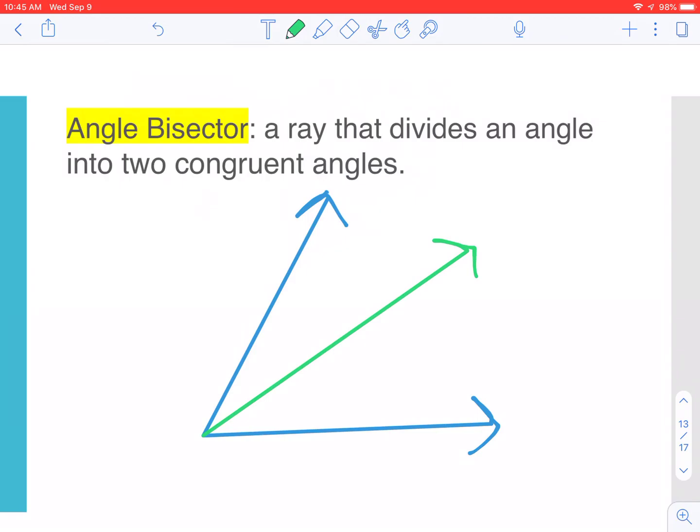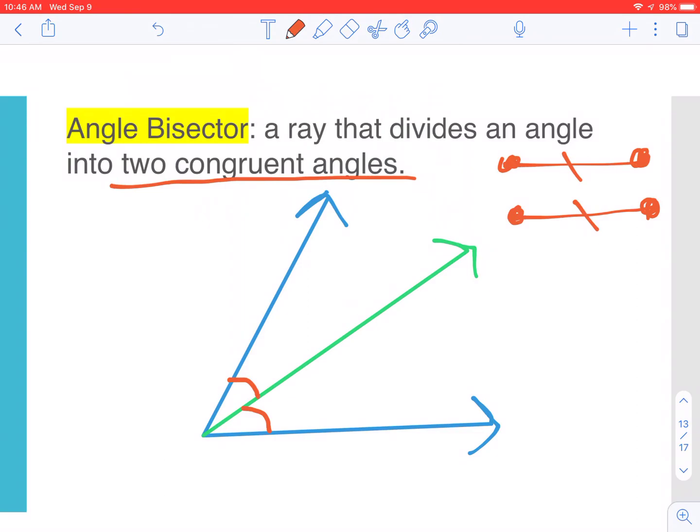It is a ray that divides the angle in two congruent angles. That means the angles are the same. Okay, we talked about on a line segment, if I have two line segments that are the same, I mark the congruent by the slash. When I have an angle and I mark them the same, I mark them with an angle symbol.